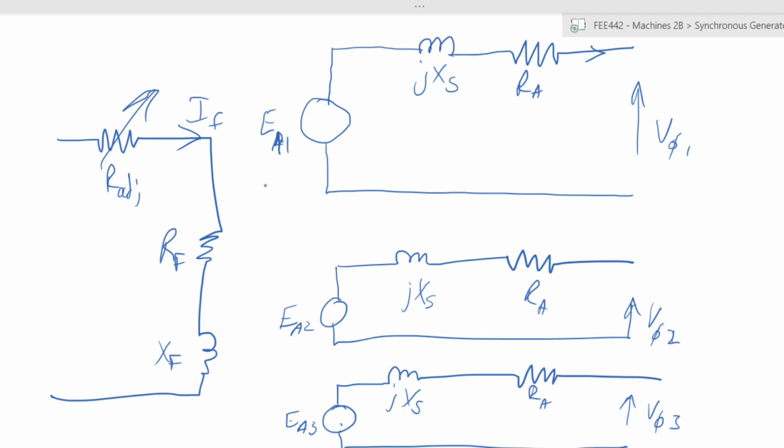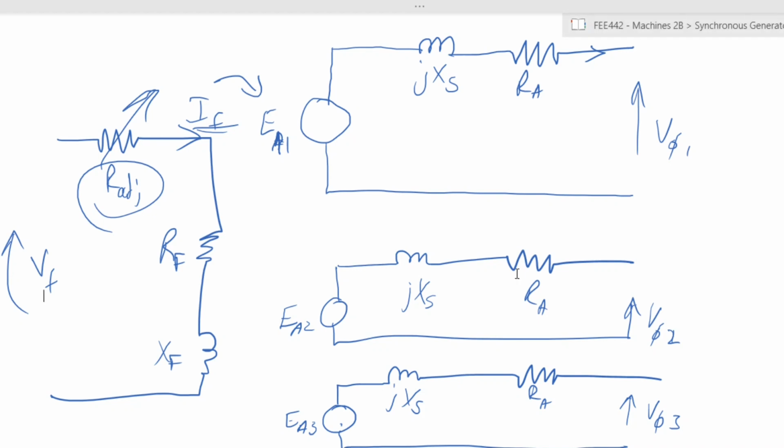Remember, we said that the amount of the internal generated voltage, EA, is directly proportional to IF, as well as the speed of rotation and, of course, the construction factors. So this IF is regulated using that resistance that you have there, right? Then you'll have, of course, a VF on that side. So this is essentially your equivalent circuit of the synchronous generator, okay?